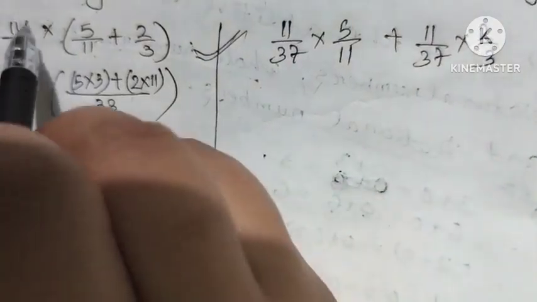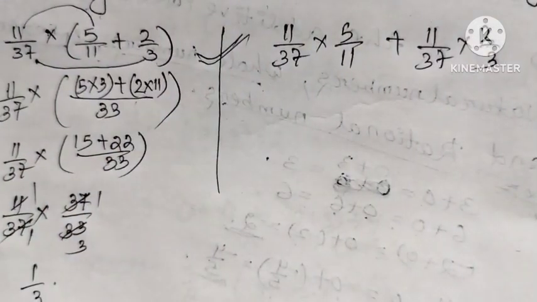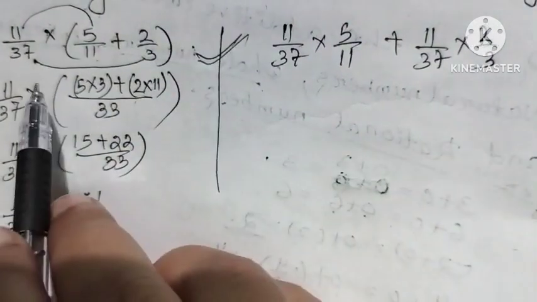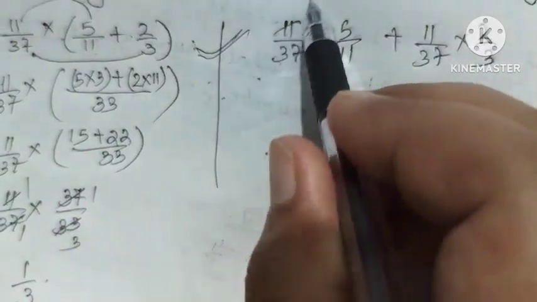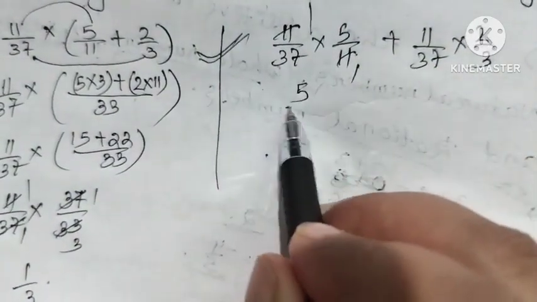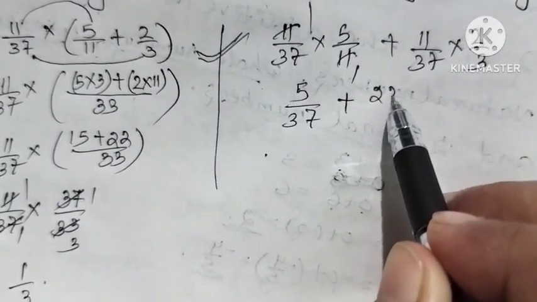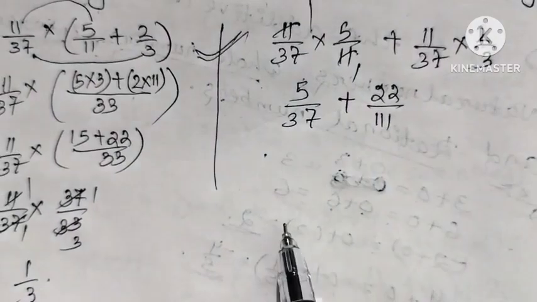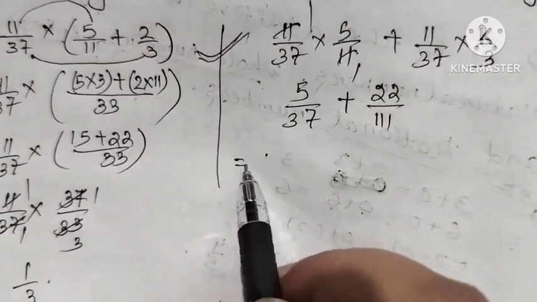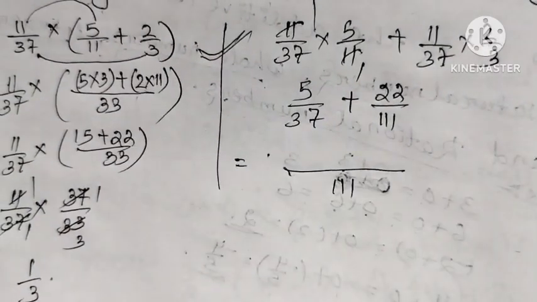Then next you have to check it, because this one is multiplied to this number and this one is multiplied to this number. This is the distributive property, multiplication over addition. Yes, then 11 ones are 11, it is 5/37 plus 11 into 2, 22 by 37 threes are 111. Yes or no? Then 111 is the LCM.